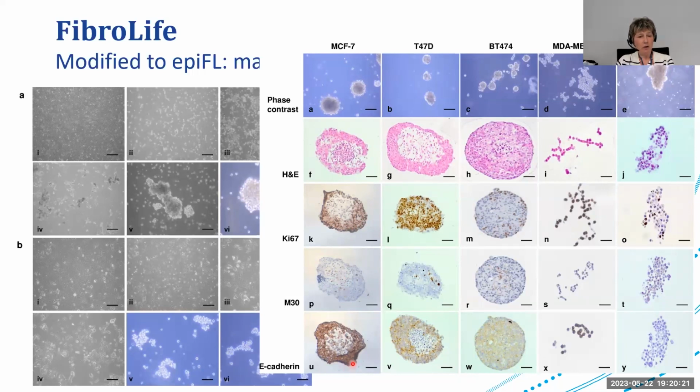The cells which form very nice, tight, adherent clusters stain positively for E-cadherin, which is probably not too surprising. The three here are forming the nice, tight clusters. But where you see the more grape-like structures, you don't see the expression of E-cadherin. So FibroLife can be modified to form EpiFL, and that supports the spontaneous growth of breast cancer epithelial cells in 3D culture.